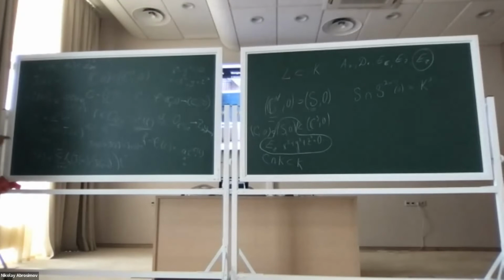Then you get a certain series in t, the Poincaré series of this filtration.